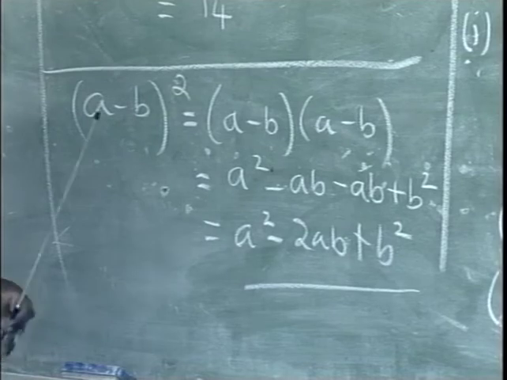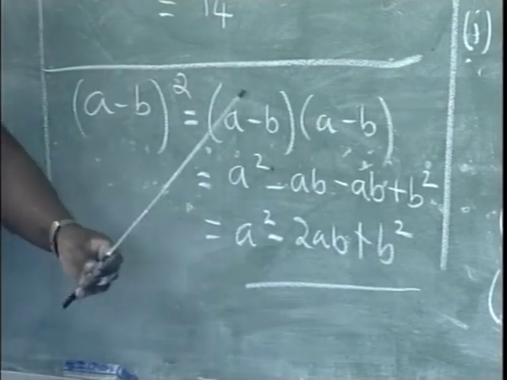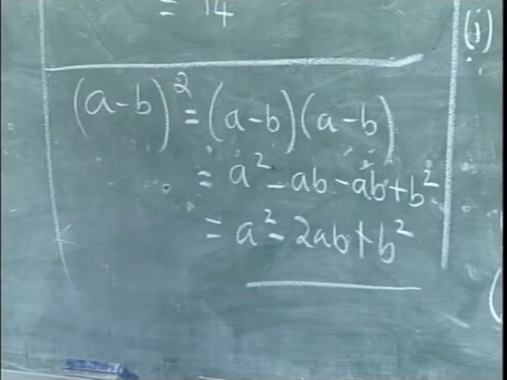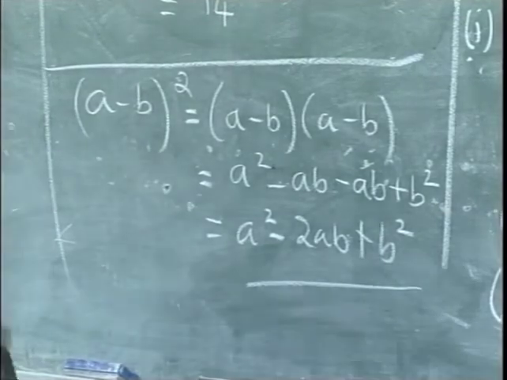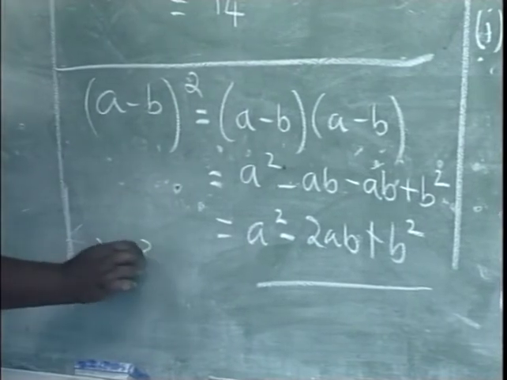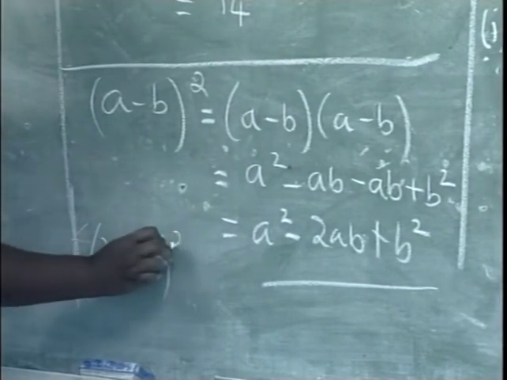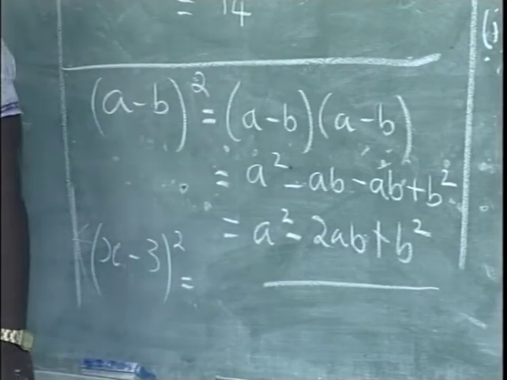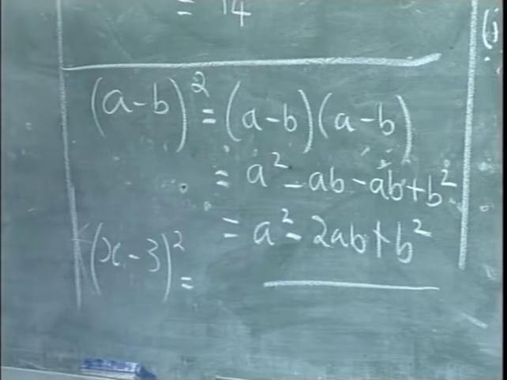They are all squares, because if you square a positive number, it's the same as if you square a negative number, you will get a positive number. So if I wanted to get the answer to, let's say, x minus 3 squared, what do you think the answer will be? Tau.